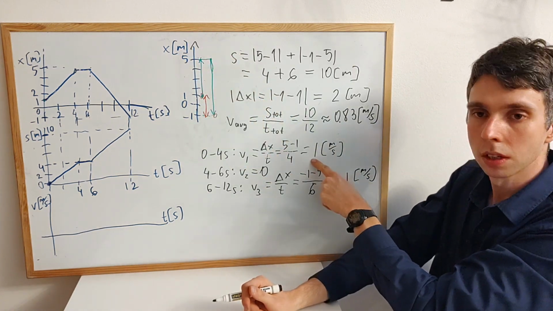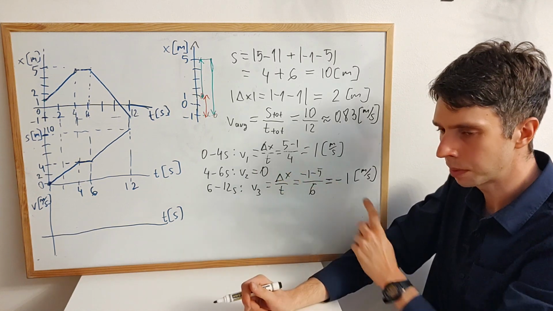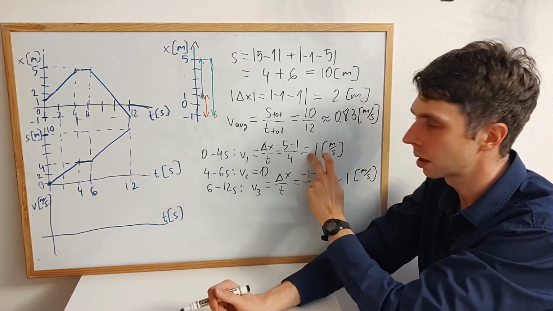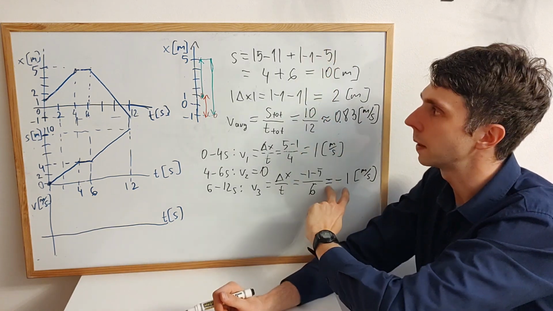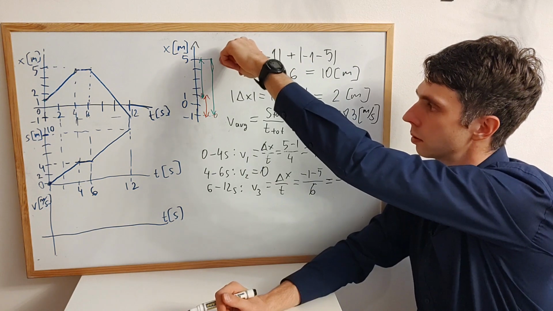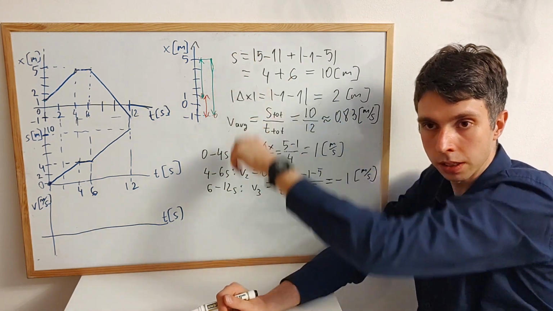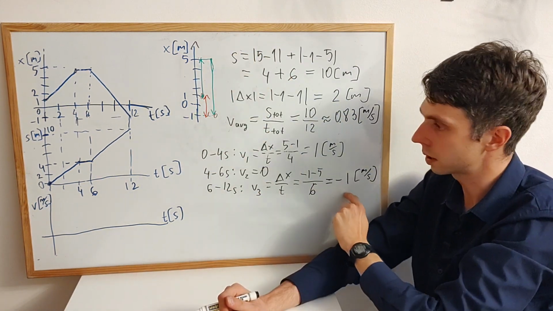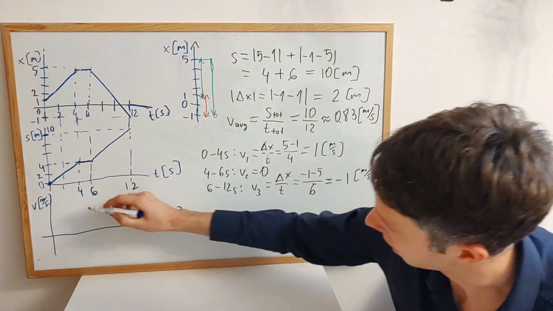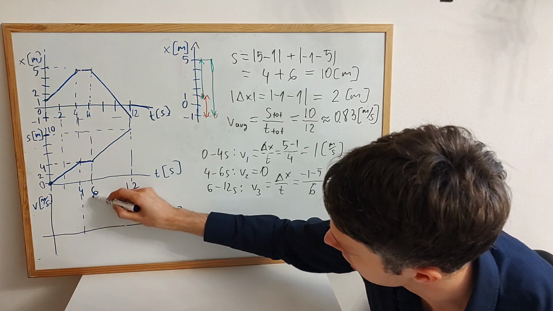If the speed is along the same direction as x growing, it is positive. If you go towards smaller values of x, the speed is negative. That makes some sense.